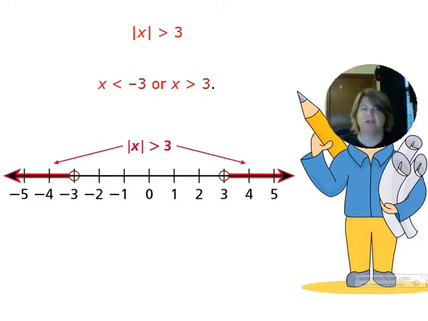On the other side, -3 is 3 units from 0, but we want all the numbers past that. The numbers in between are not more than 3 units from 0, so they don't qualify. We have to be at least 3 units from 0 plus some in order to be part of this inequality.